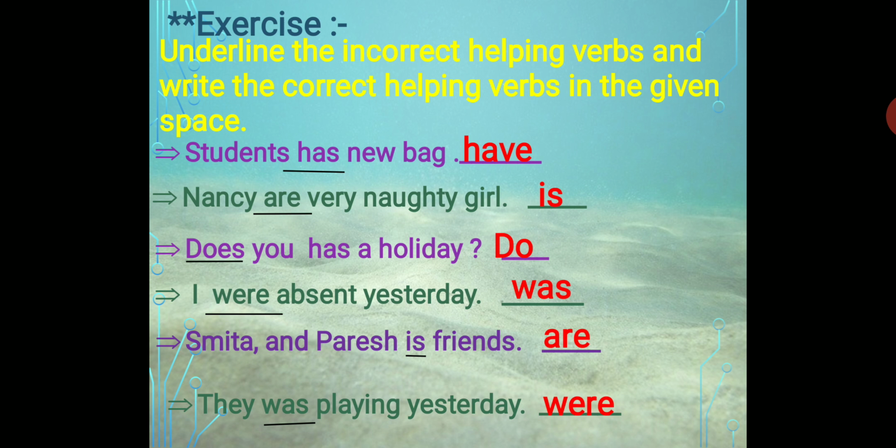In the same way, you have to do your homework exercise. I hope now you have clarity on am, is, are, was, were, has, have, had, and do, does, did, and where and how we can apply them.